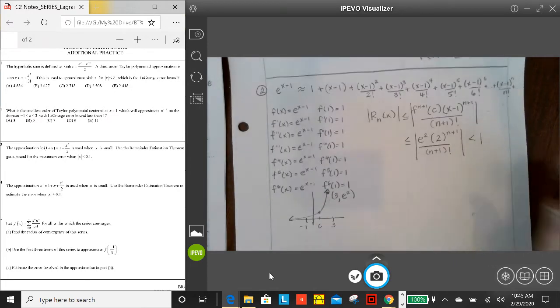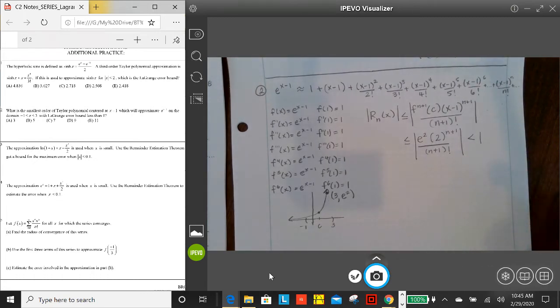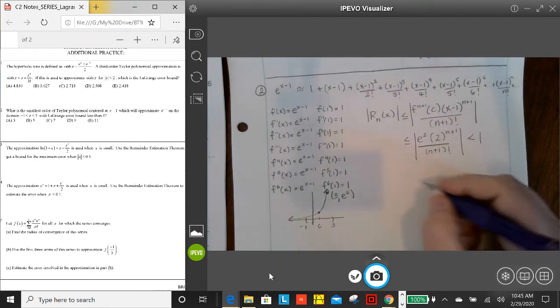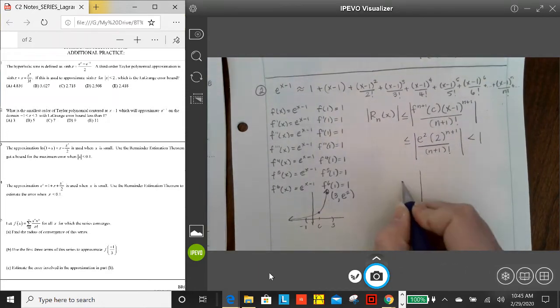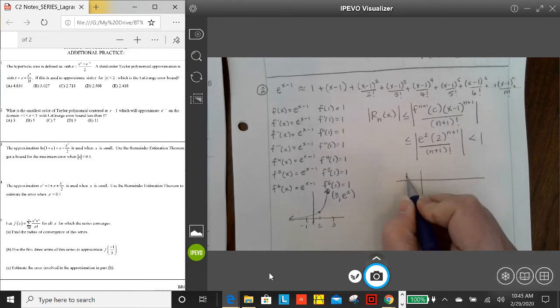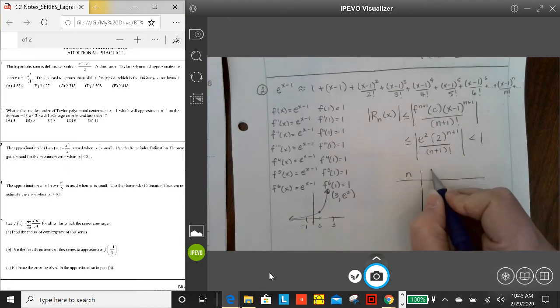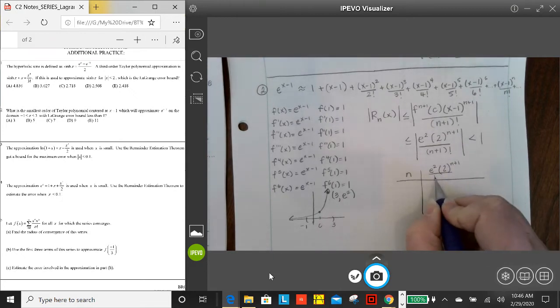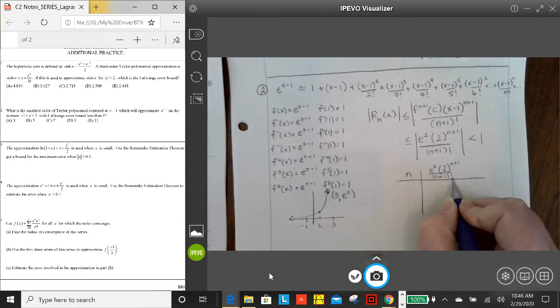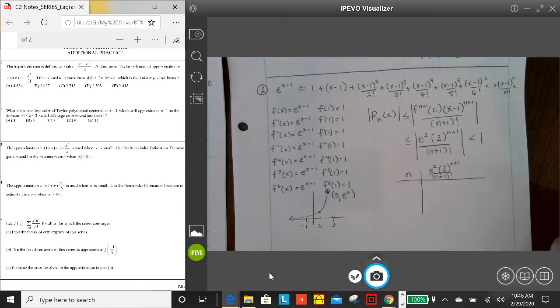All right, now I've got some options here. I could do a chart where I put n here and I put e squared times 2 to the n plus 1 over n plus 1 factorial, and I actually physically do the calculations.